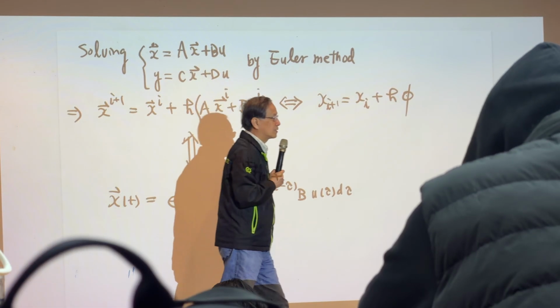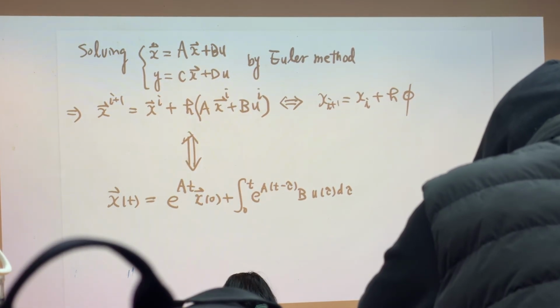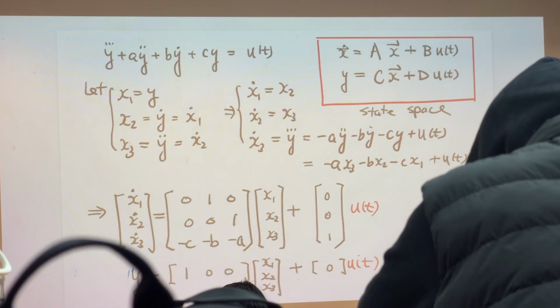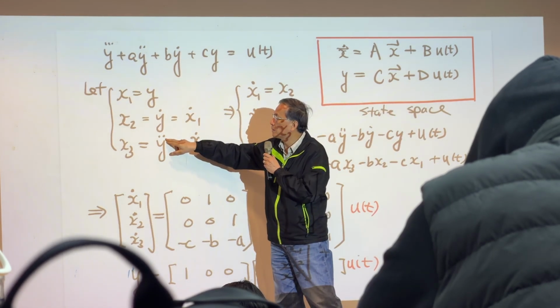So I'm telling you that the numerical method is really powerful, but yet it's still simple. Okay? So now let me go back to this. Here with this form, we are letting x1 equals y and x3 equals y dot dot.